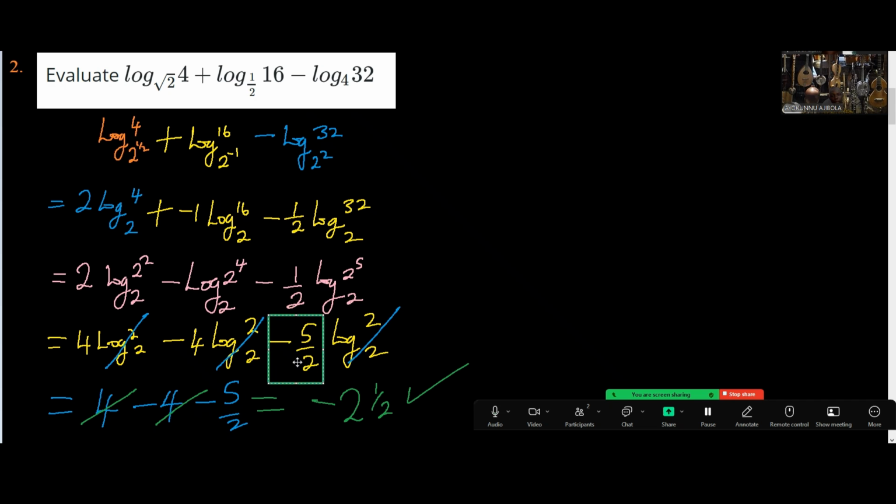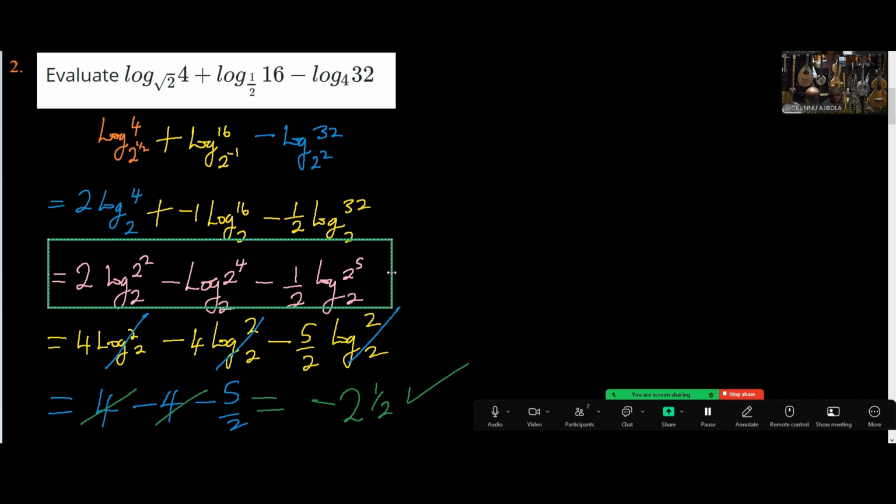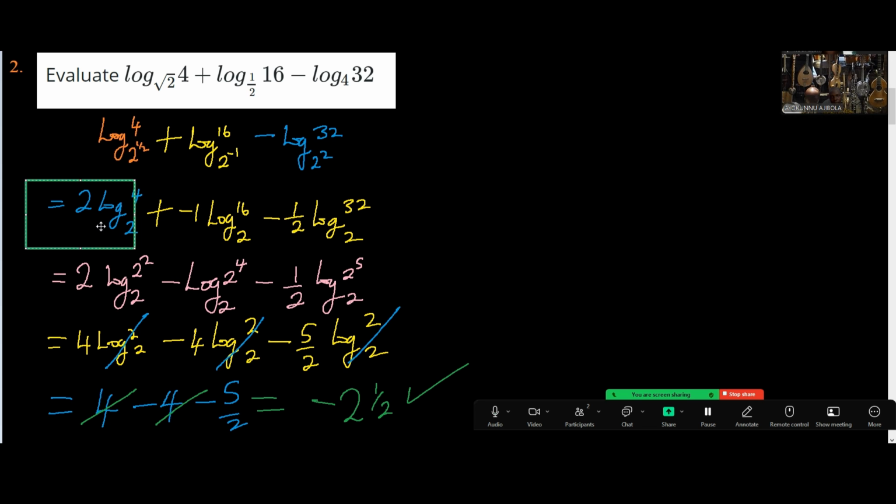Okay, how did it become 5 over 2? From this place, in this step, you have 2 log base 2 of 2 squared. Then we have minus log base 2 of 2 raised to power 4, which is from this 16. Then we have half log base 2 of 2 raised to power 5.